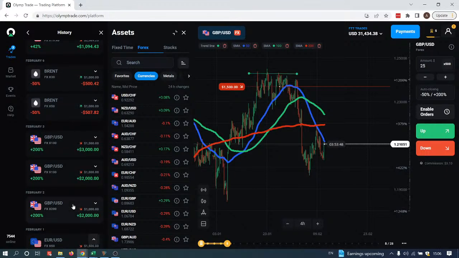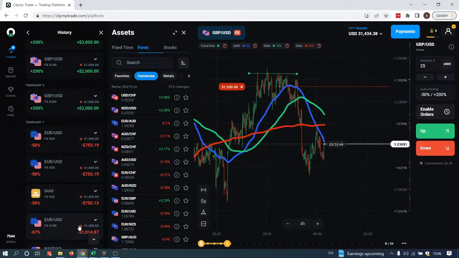So I had a few losing trades. Yes, I'm not hiding them. Here they are, my losing trades. But with one profitable trade here, I managed to cover the losses of these 3 trades before.